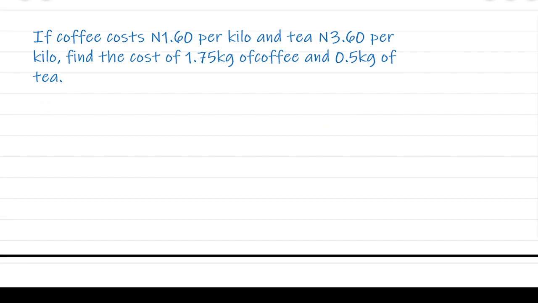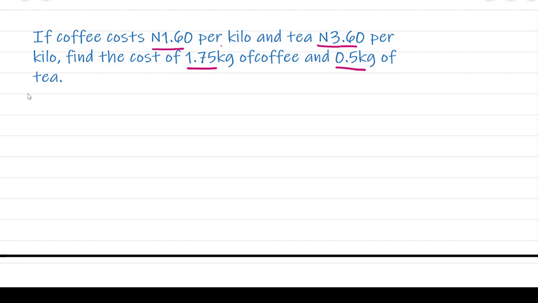Here we are given that if coffee costs 1.6 naira per kilogram, and then tea is 3.66 naira per kilo as well, we should find the cost of 1.75 kilo of coffee and then 0.5 kilo of tea.